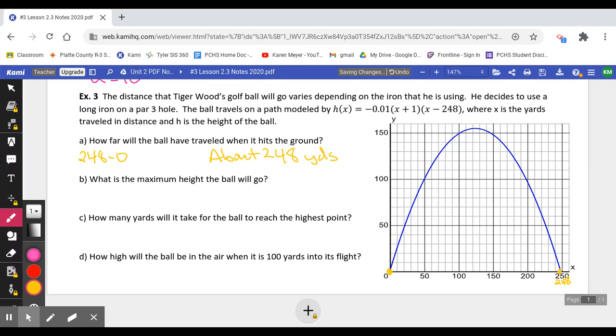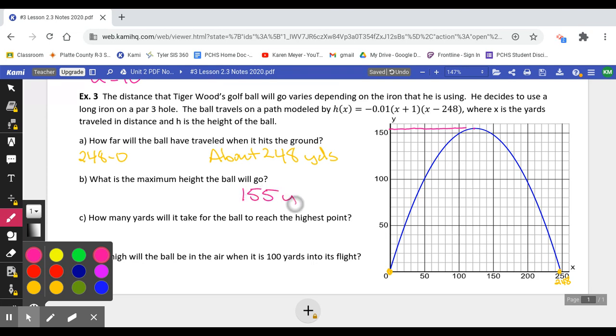Max height. So let's go find the vertex. So here's my vertex. And let's go follow that across. And that one looks like, to me, it's about halfway in between. So I'm going to say that is 155 yards. How many yards does it take to get to the highest point?